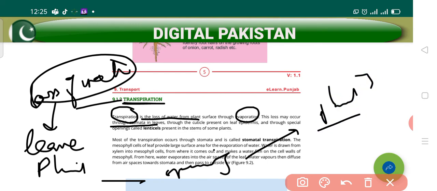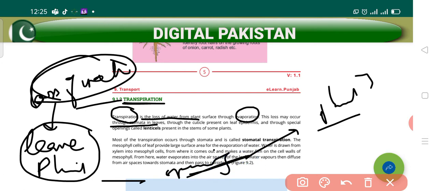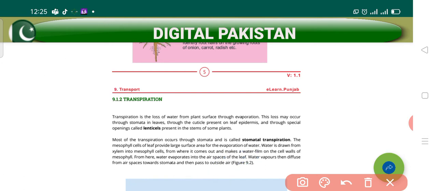Transpiration is the loss of water, and the leaves or the plant contain special openings for this. What are these special openings? The most common openings, which you know very well, are the stomata. The stomata are present on the lower and upper epidermis of the leaf.